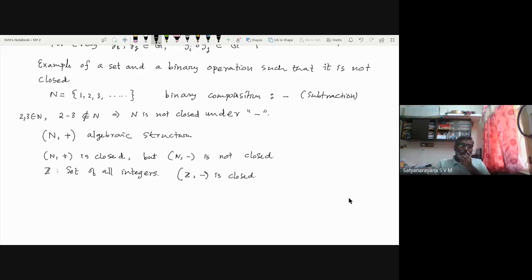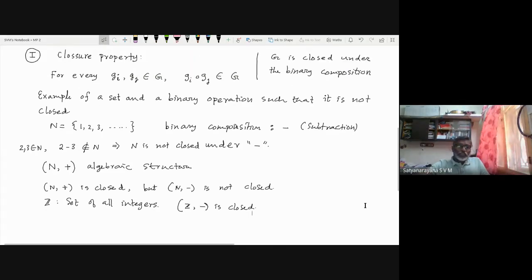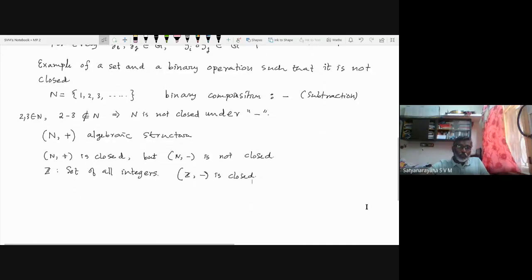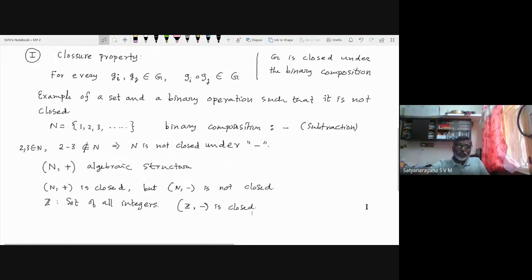So this is how you have to find examples where a set with a binary composition is closed or not. And for an algebraic structure to be a group, it has to be closed.